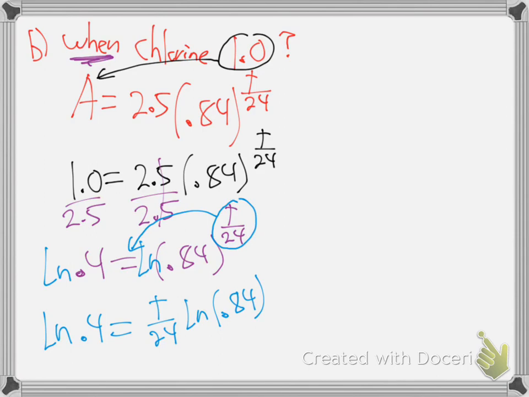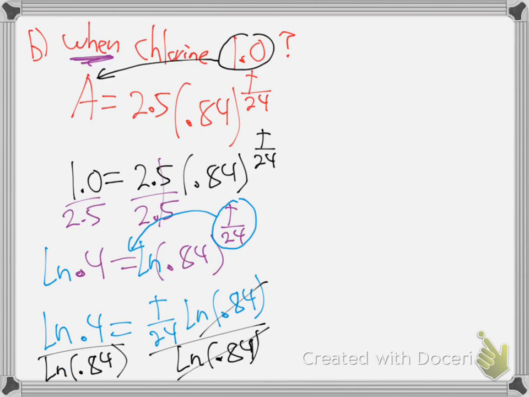Solve for t. What do I do first to solve for t? Divide by that ln 0.84. Like that. Good.